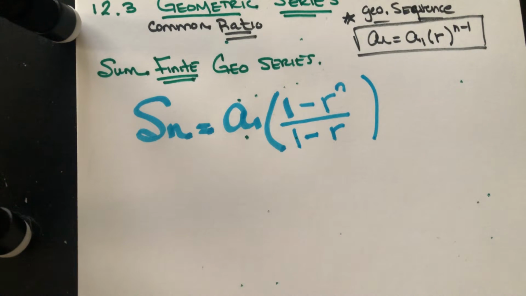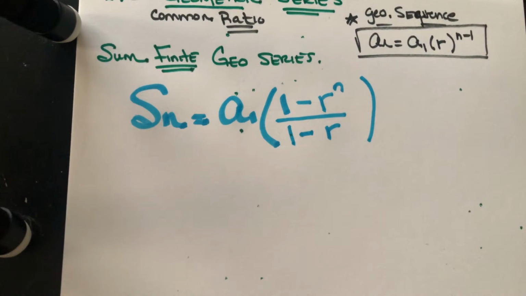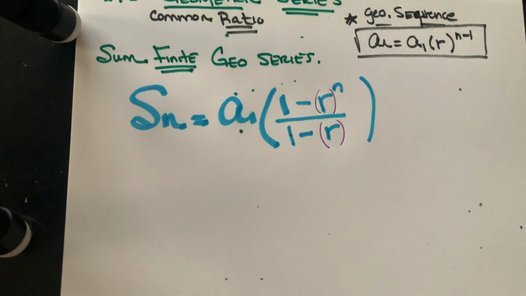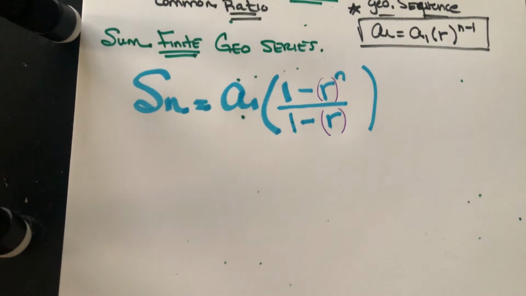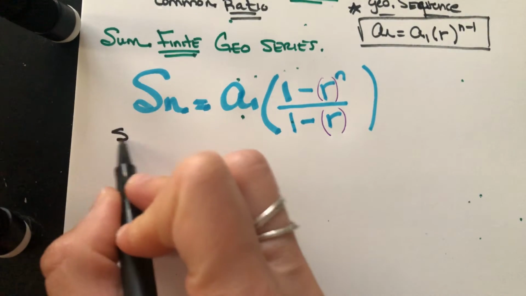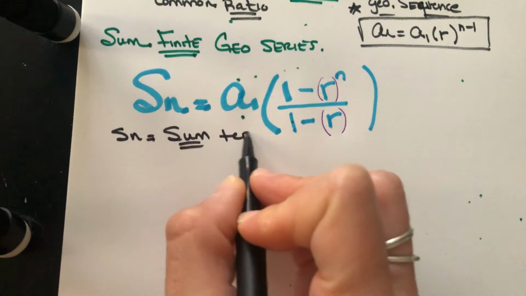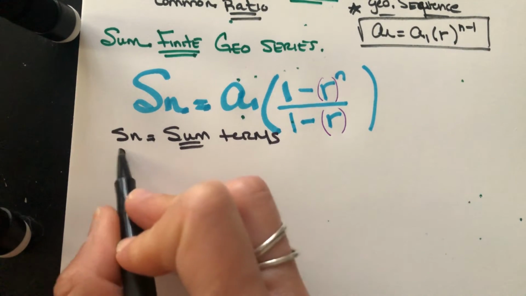Now, if I were you guys, I'd write the stuff down. When you're putting this in a calculator, I highly recommend putting the r's in parentheses. Watch your signs and all that other stuff. Okay, so let's go through what each of these terms mean one more time. S of n is the sum of your terms.